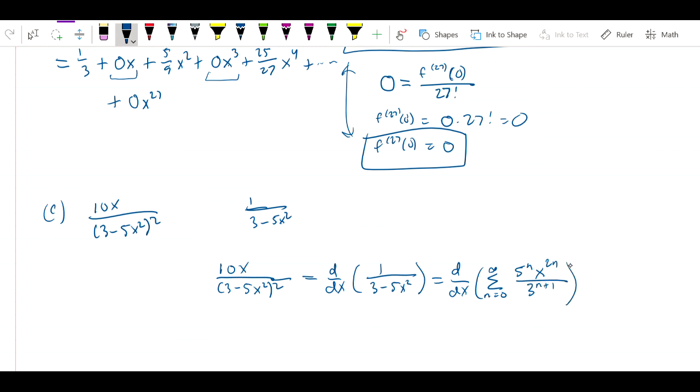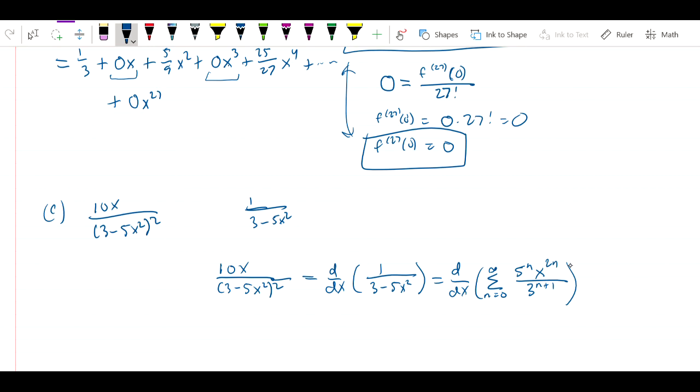Why? This is, again, one of the very, very important points of this work on Taylor and Maclaurin series. A Taylor and Maclaurin series stands in for the function. Any place that I can use the function, I can use its series.